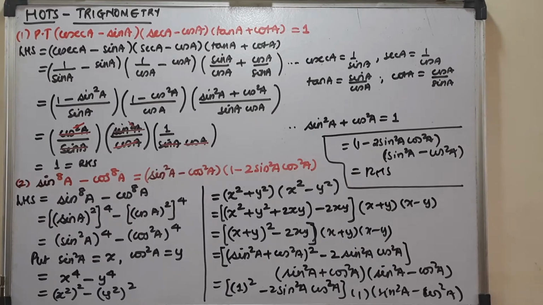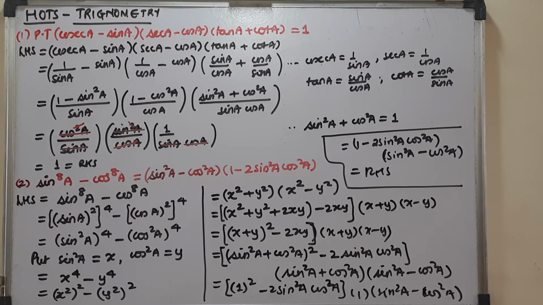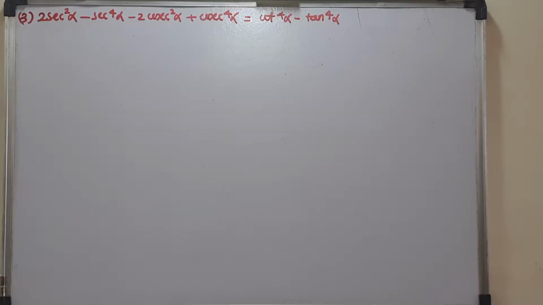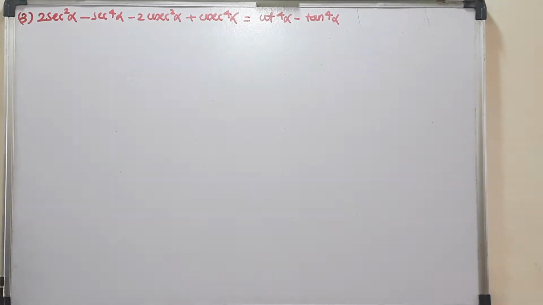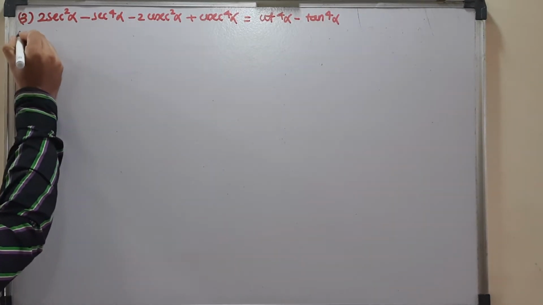So this is the way we are using our brain. Let us go with another question. Now, coming to the question, I told you that only your thinking skills are developed, nothing else. If you are able to think, it is well and good to solve.